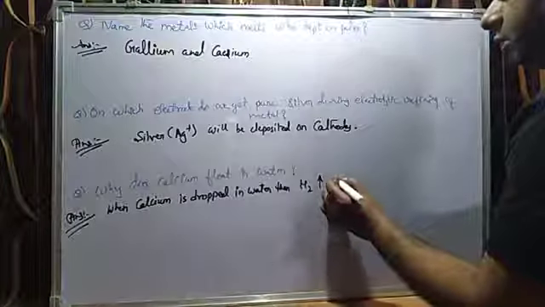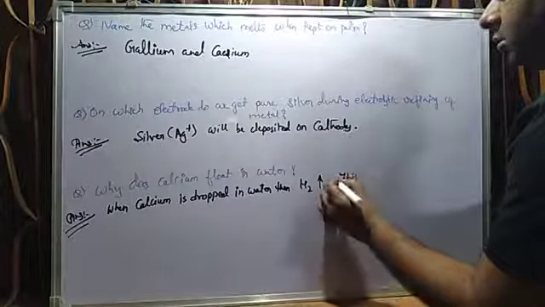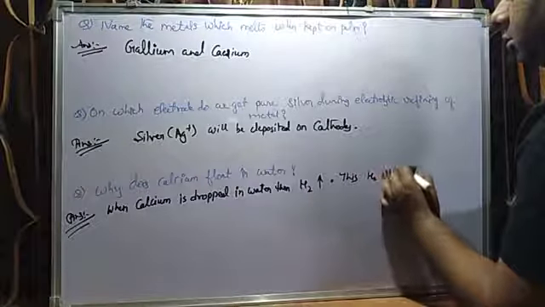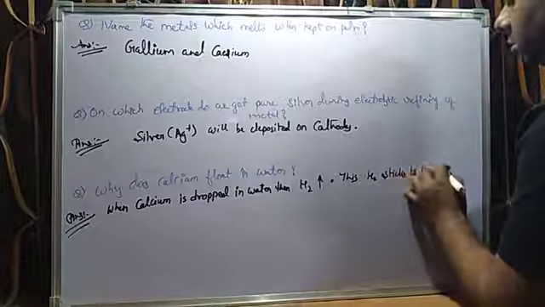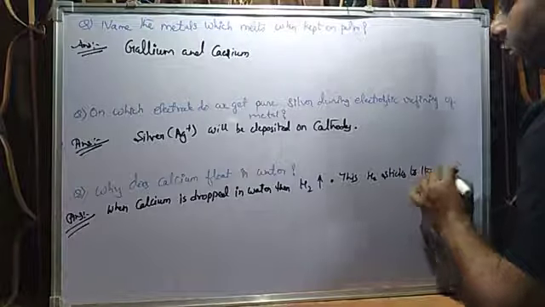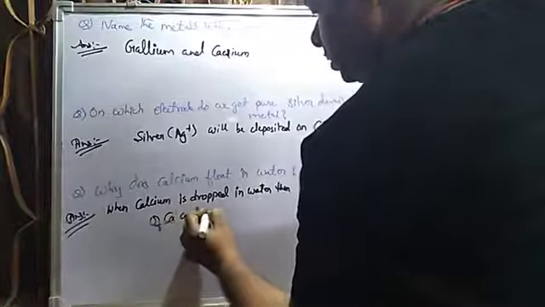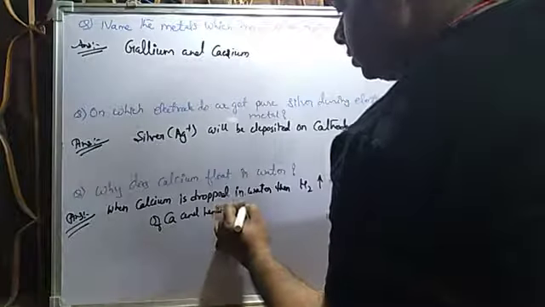And this hydrogen gas, this H2, sticks to the surface of calcium, and hence it starts to float.